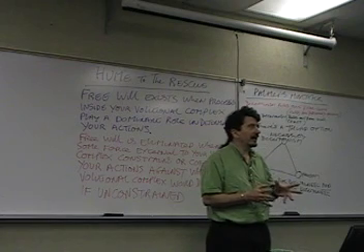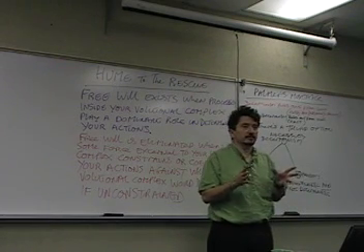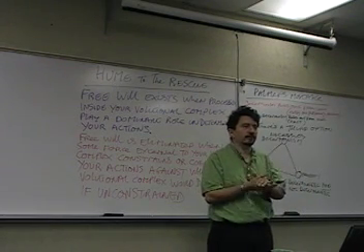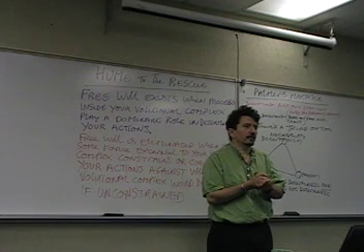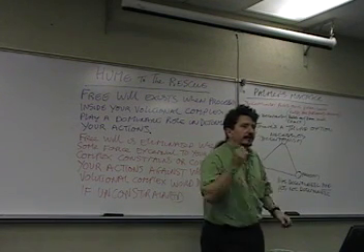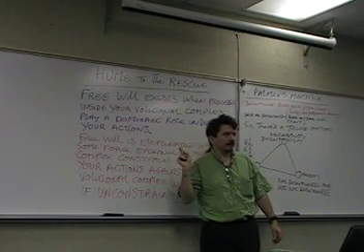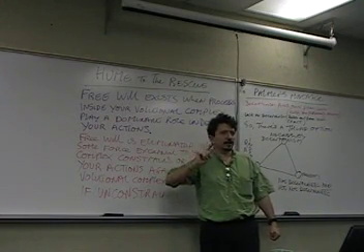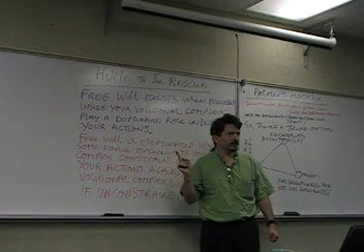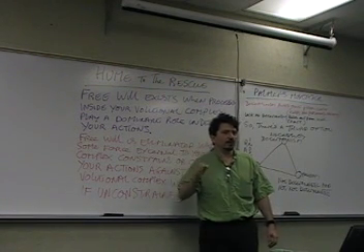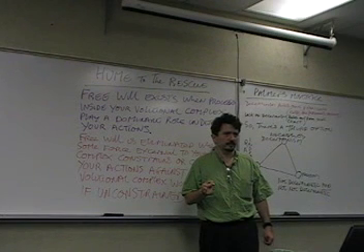So, any questions about this? Does anyone see any flaw in this definition of free will? Remember, this is a definition of free will that doesn't just accept determinism, doesn't just say that determinism and free will are compatible, it relies on determinism.